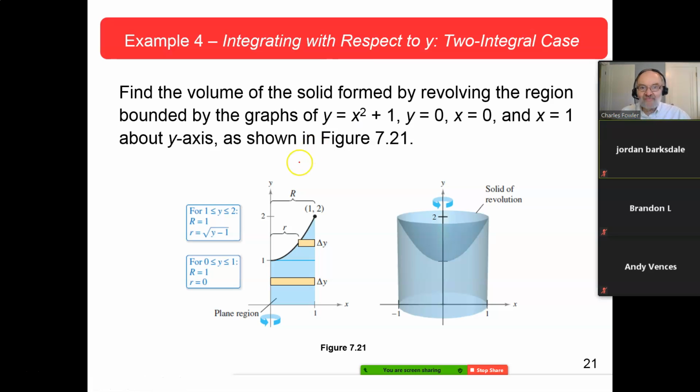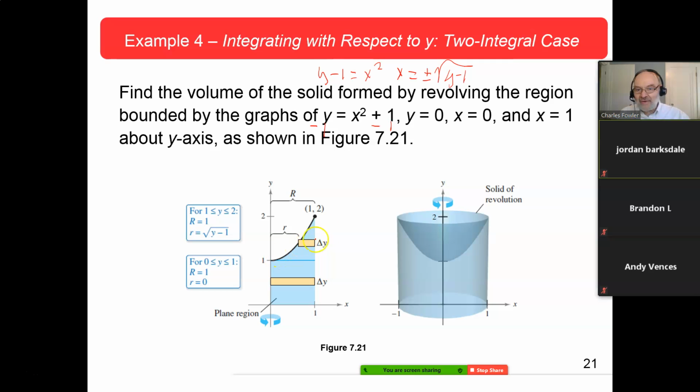So let's do that first. So what we're going to do is subtract 1 from both sides to solve for x, and that would give us y minus 1 is equal to x squared. Now, take a square root of both sides, and technically you should say x is equal to plus or minus the square root of y minus 1.